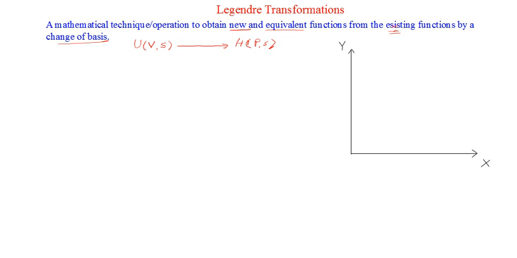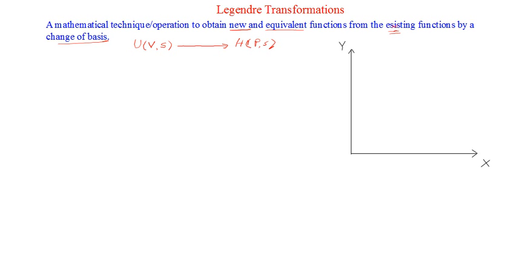So how to go from one function to the other function depends on our requirement. Depending on under what conditions I have to get the information regarding the system, we have the freedom to define newer and newer functions, and people have already defined them, so we depend on what is already defined, right?